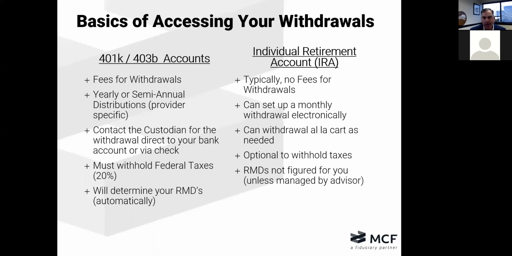I've seen it all over the place, as low as 15 and as high as 99 per distribution. In addition, some custodians may limit the number of distributions you're able to have in a year. But most of them, in one way or another, charge a fee for that distribution. So obviously, if you're taking it on a monthly basis, you might be paying more in distribution costs.